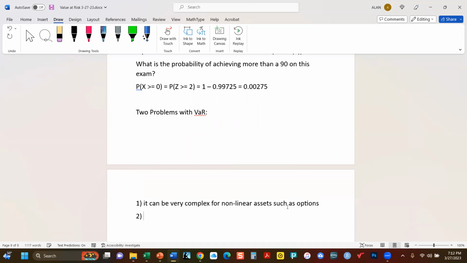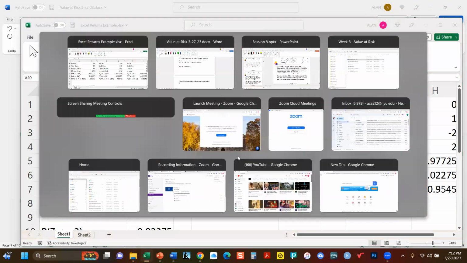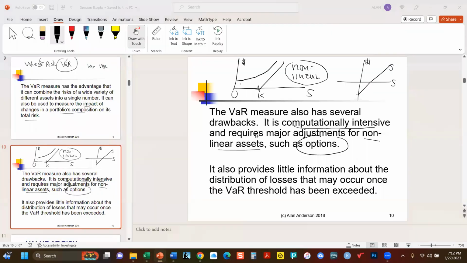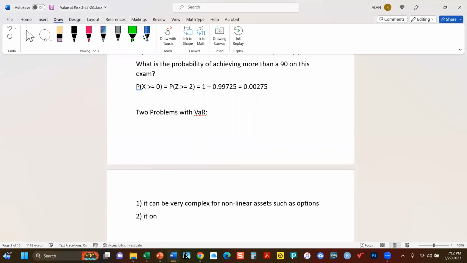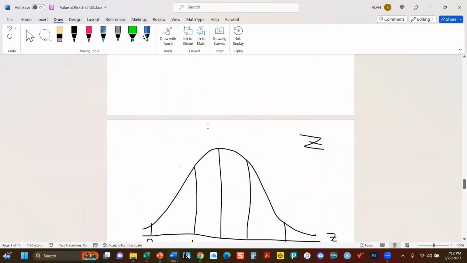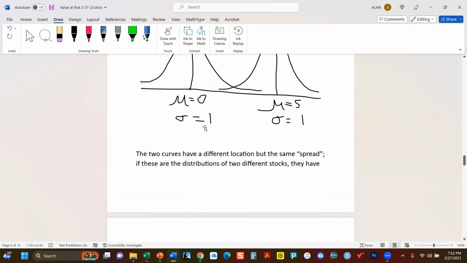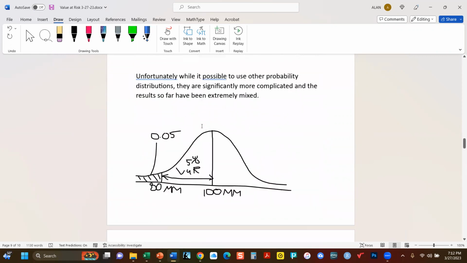And number two, the other issue that they raise here is that it only shows us the left tail of the distribution. Or actually, what I should say is not even the left tail, the threshold. In other words, the cutoff point between, let's say, the lower 5% and the rest.